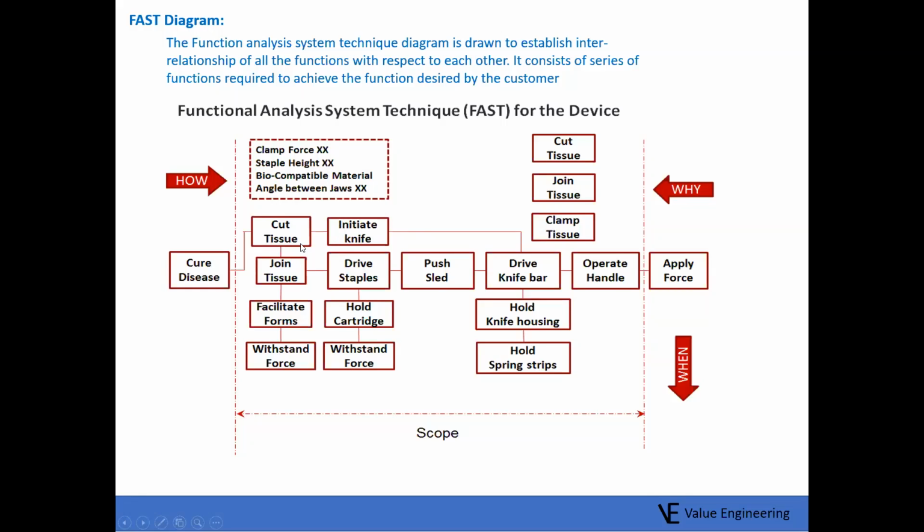So we need to know that this knife bar's function is to cut the tissue, and that particular function comes here. With the help of the FAST diagram, we are able to know each and every function of the instrument, and also the relationship with the others. That is the main criterion for the FAST diagram.